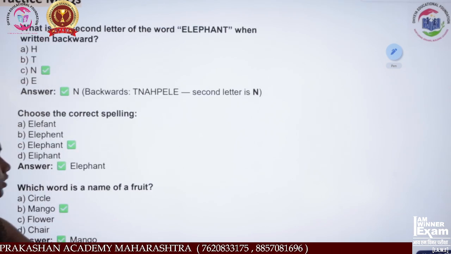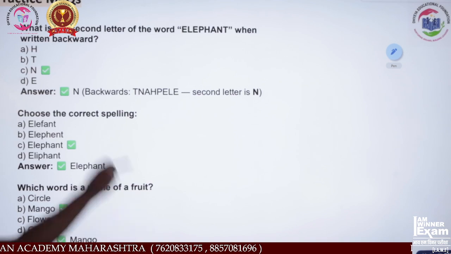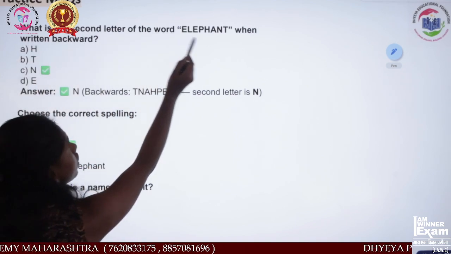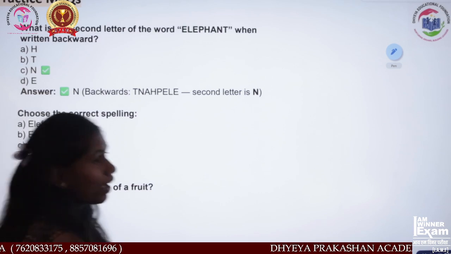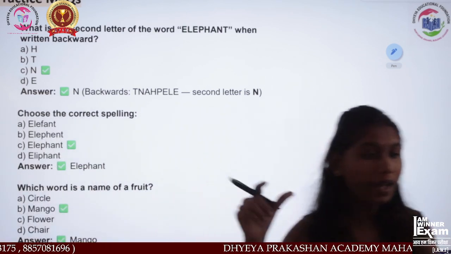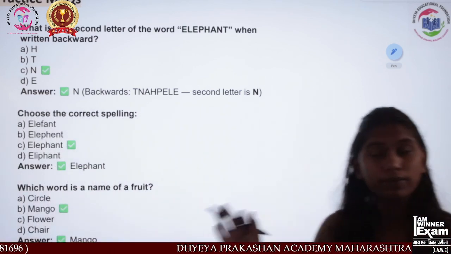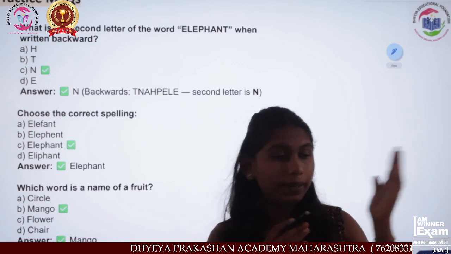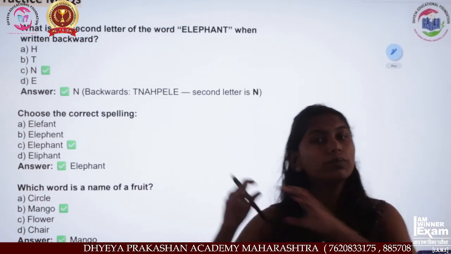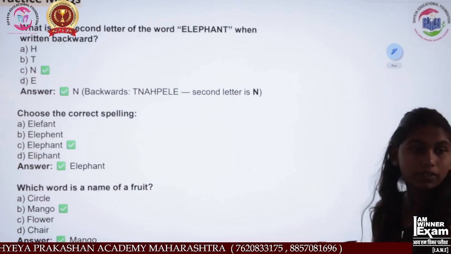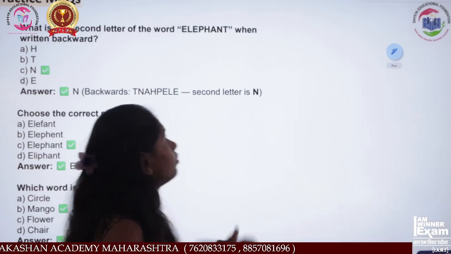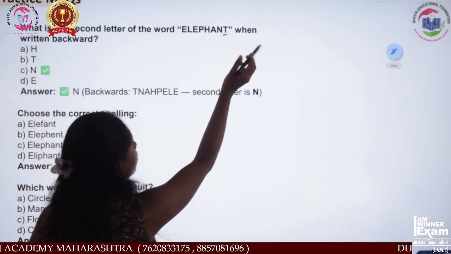Then next, what is the second letter of the word elephant when written backwards? We have to reverse the word elephant, writing from the last, so the last letter will be the first.